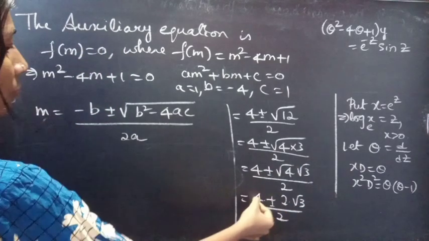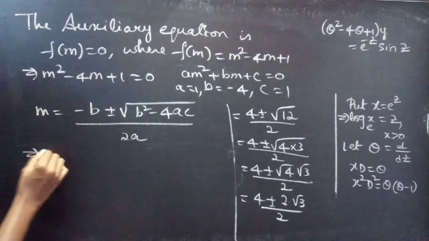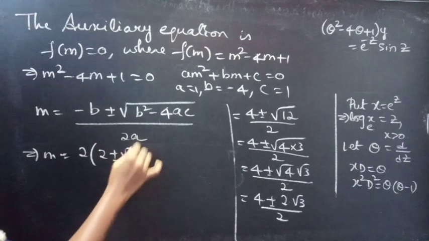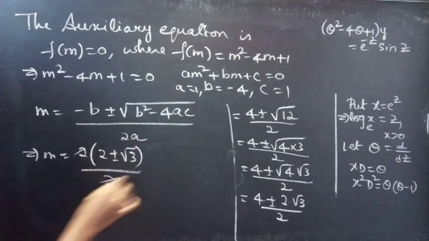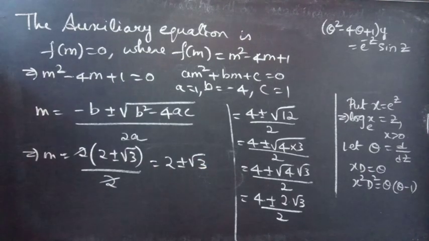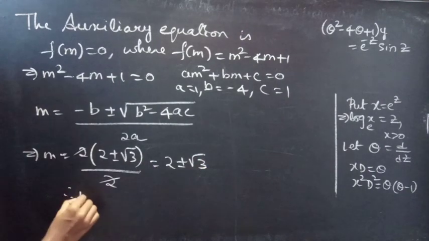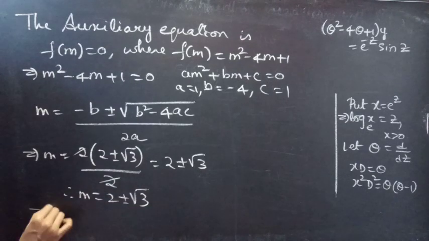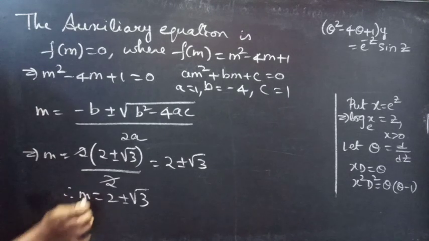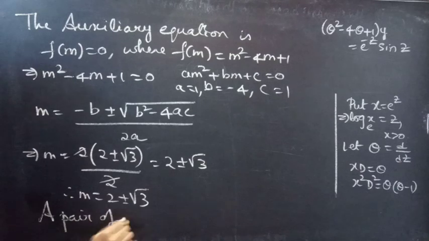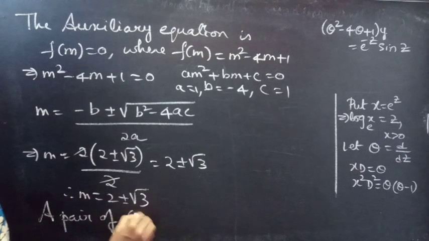Now take 2 common from the numerator, we'll get 2 times 2 plus or minus square root of 3, by 2. 2 gets cancelled and this is equals to 2 plus or minus root 3. Therefore, m equals to 2 plus or minus root 3, which is a pair of conjugate irrational roots.